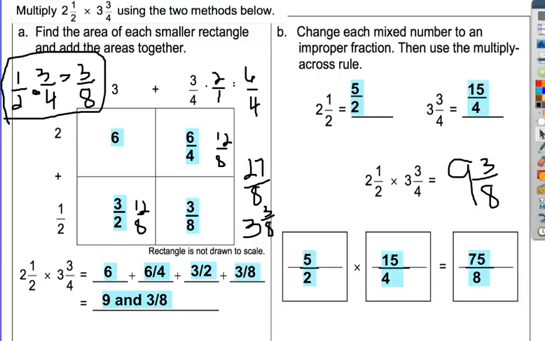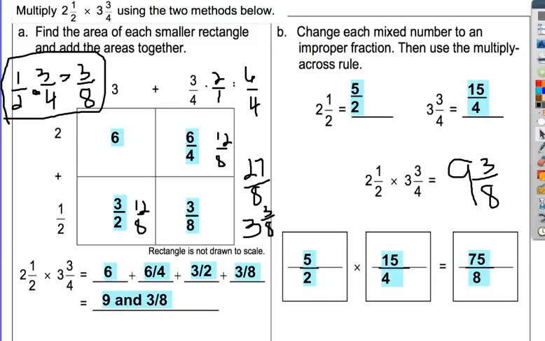Okay, so pause the video here. I want you to turn to your neighbor or with your small group and discuss both methods and decide which method you think would be the one that you would prefer to use and why. So listen to each other, discuss which one you like better and why, and you're going to have 3 minutes for this.